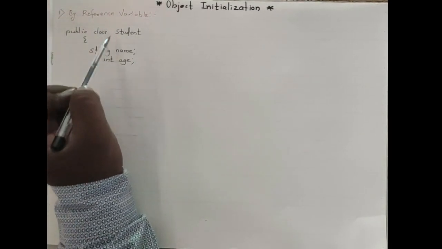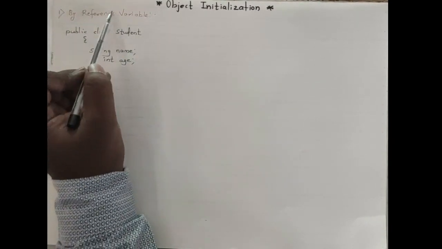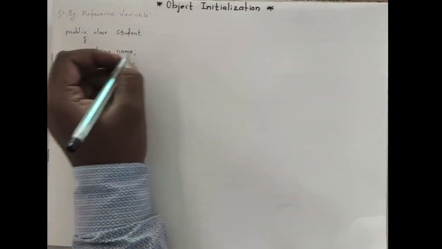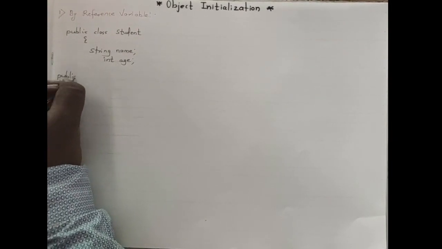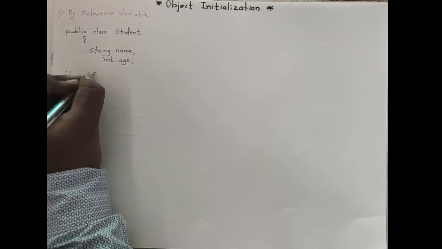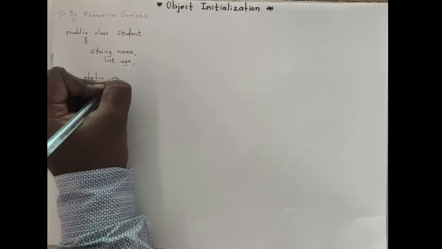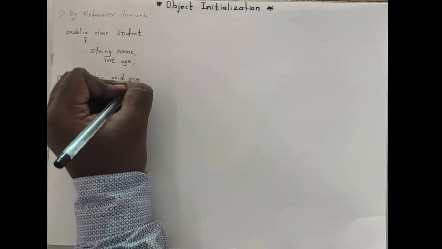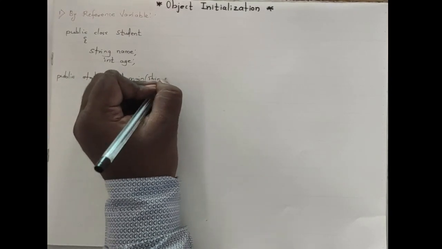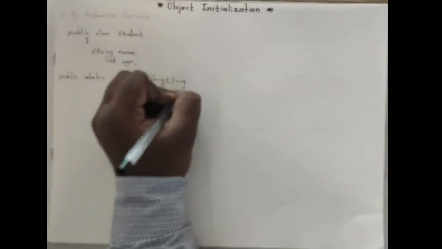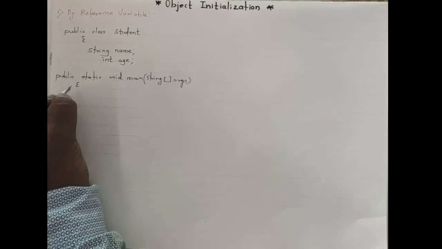How we initialize that variable or that object by using a reference variable, let's see here. I'm using a main method, public static void main, String array args, open curly braces.